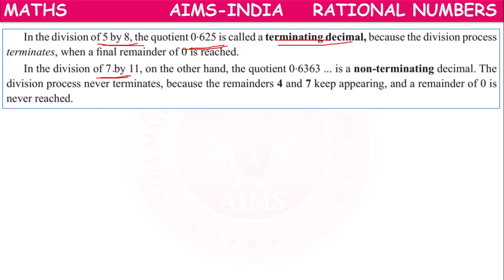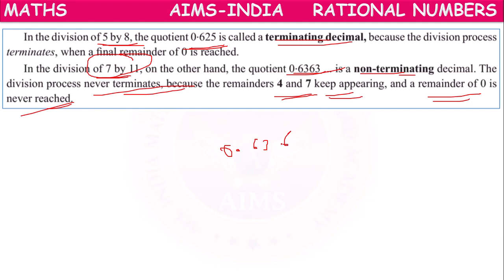So the division 7 by 11, 0.6363 and so on, is a non-terminating decimal. The division never terminates, and the remainders 4 and 7 keep appearing. Remainder 0 is never reached, and the digits 63 after the decimal point are repeating. So it's an example of a non-terminating repeating decimal.